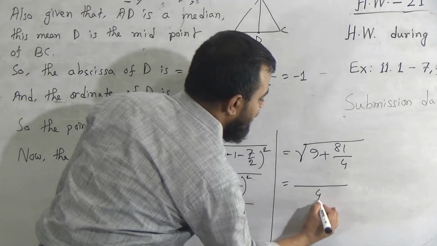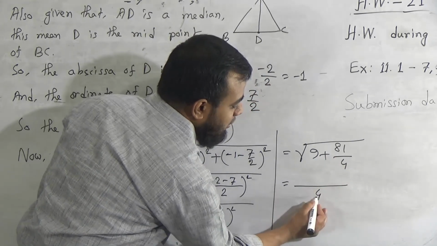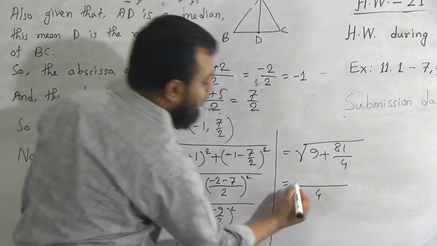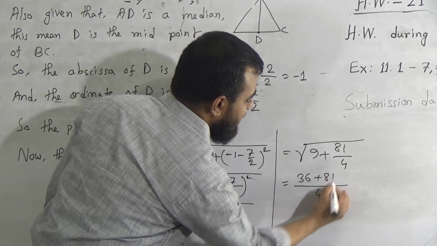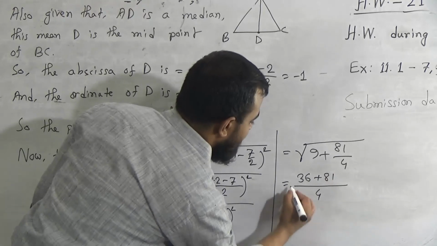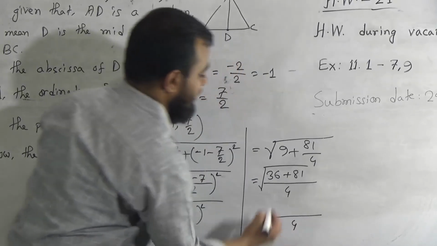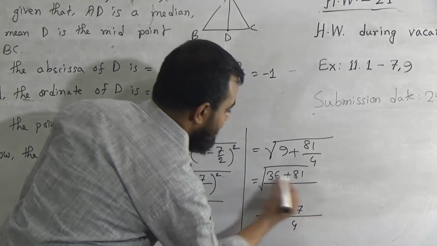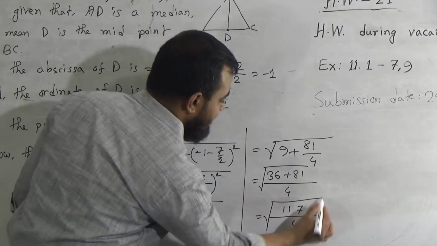It's 9 plus 81 by 4. So our denominator will be 4, and 9 times 4 makes 36, plus 81, that is 117. So the square root of 117 by 4.